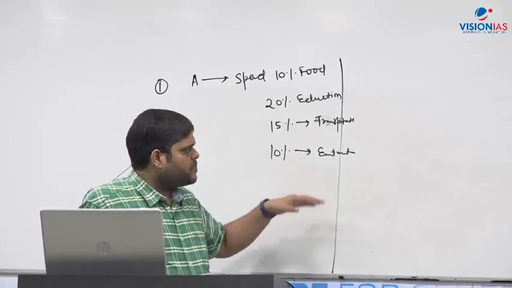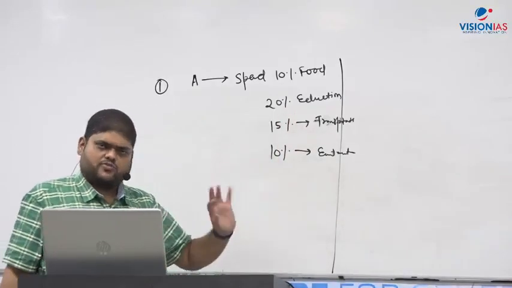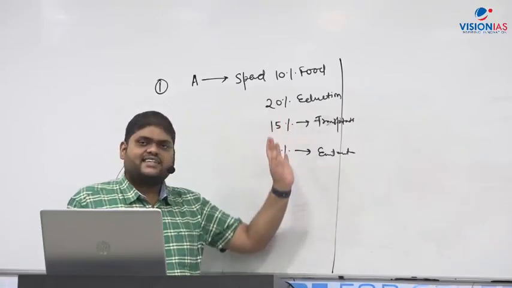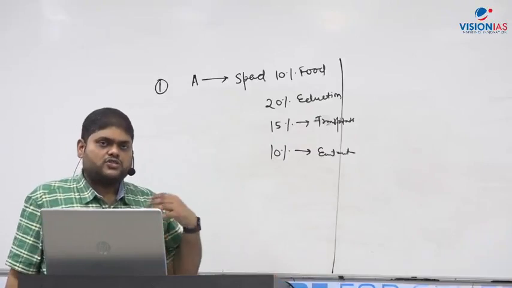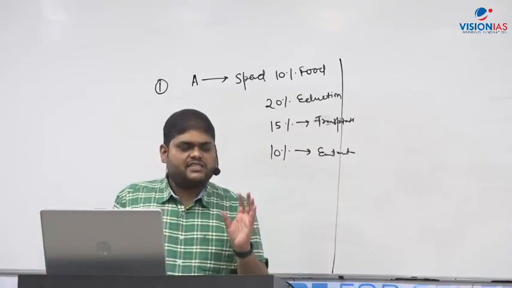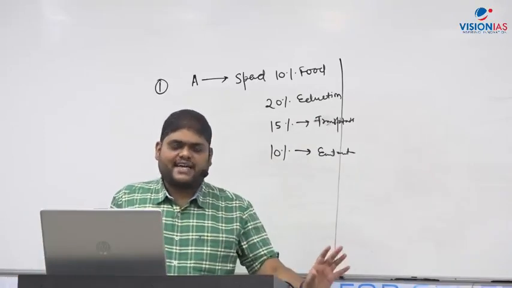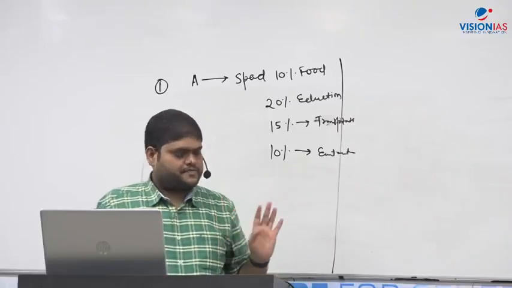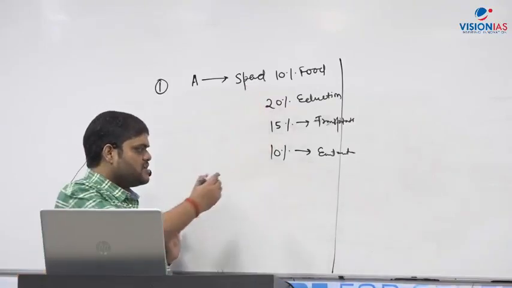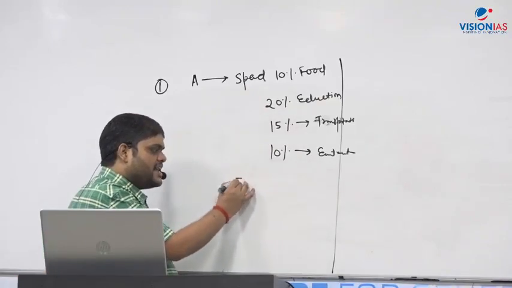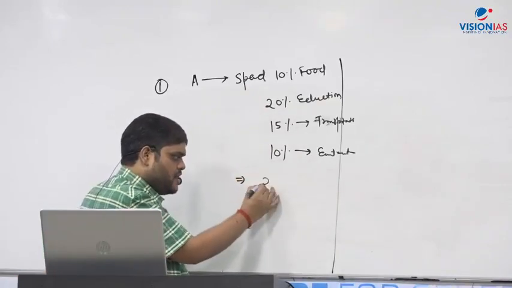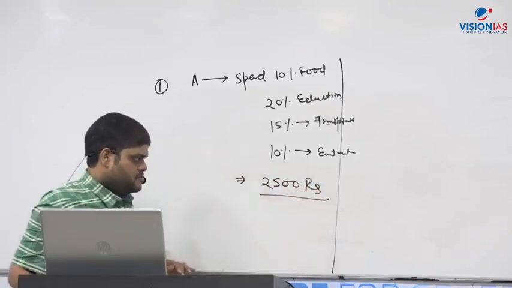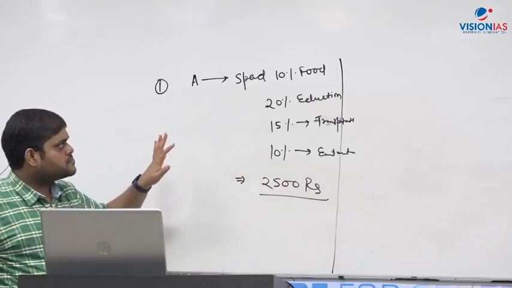My aim is to understand the concept, because when the question comes in UPSC, they will generally give proper data so it is not conceptually difficult. And suppose the rest he is saving, some 2,500 rupees. What is the question?